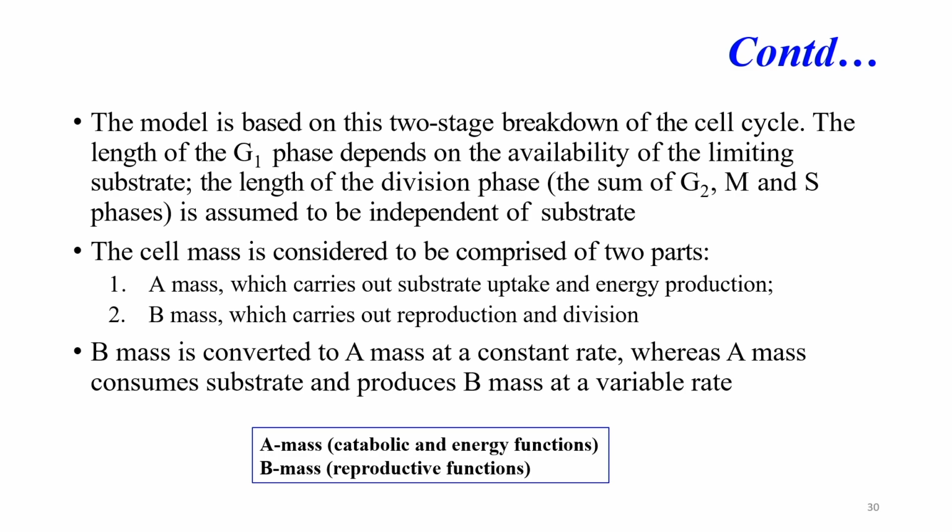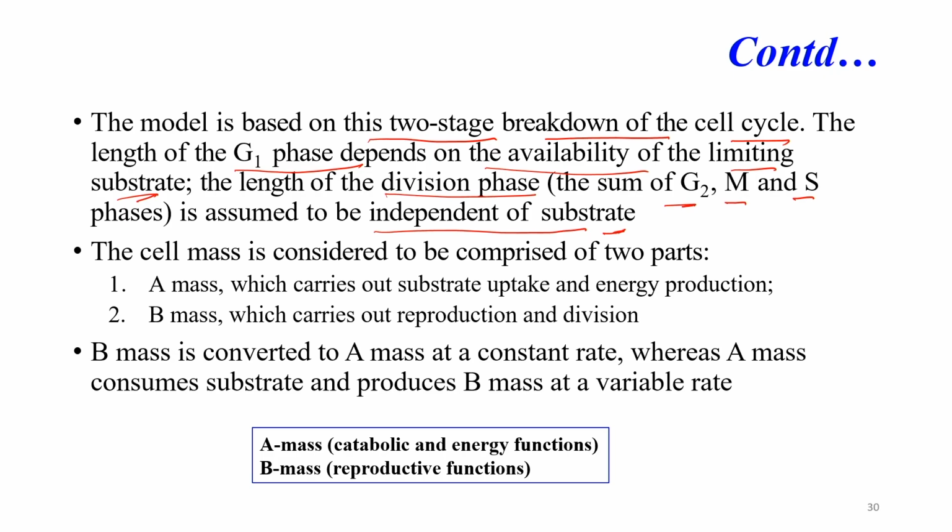Now, how are we going to model here? The model is based on a two-stage breakdown of the cell cycle. The first one is G1 phase. This depends on the availability of limiting substrate, and the second phase is assumed to be independent of substrate, and it includes the length of the division phase, which is the sum of G2, M, S phases.